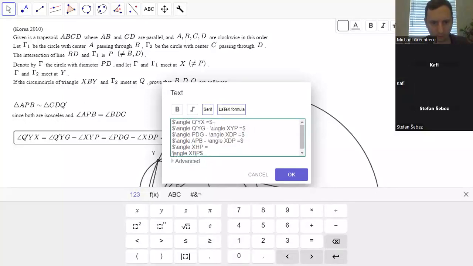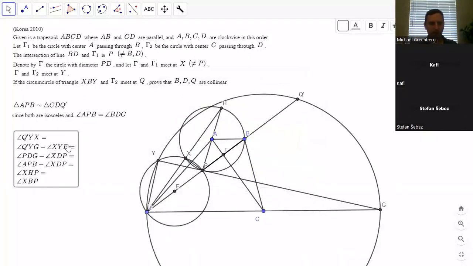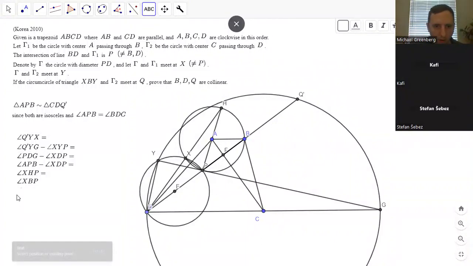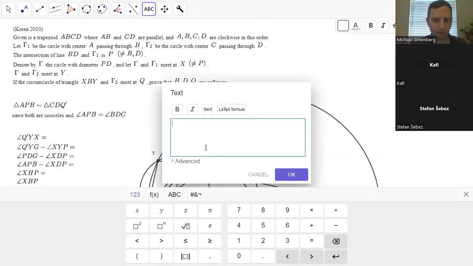Let's see how it turns out. So that implies that Q prime YX is XBP, so Q prime YXB is cyclic.